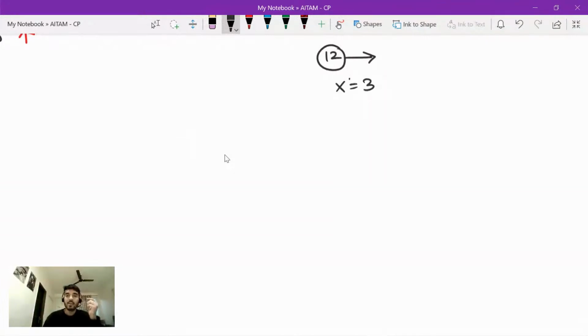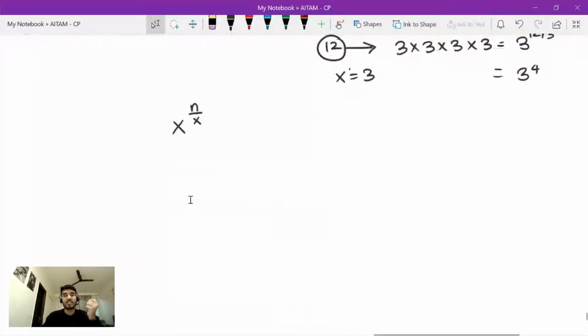In this case, what will be the product of all the components? This is nothing but 3 multiplied by 3 multiplied by 3 multiplied by 3, which equals 3 to the power of 12 divided by 3, or 3 to the power 4. This is the same as x to the power n divided by x. I hope this is clear to everyone.